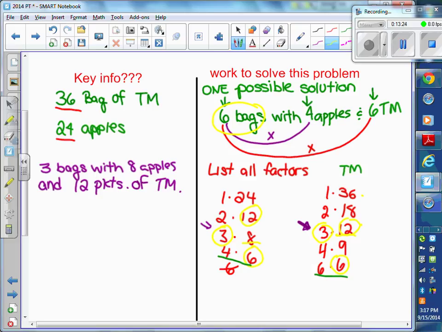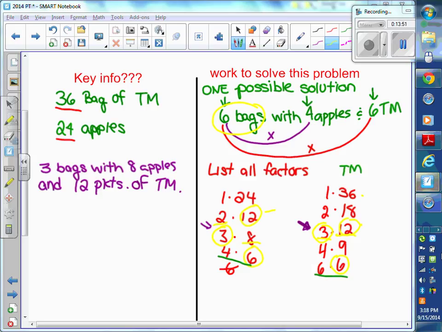You're taking 24 apples and breaking it into 12 bags. 3 bags of trail mix and 2 apples. Perfect. You see where he's getting that? You have 12 bags, you have 2 apples and 3 bags of trail mix.